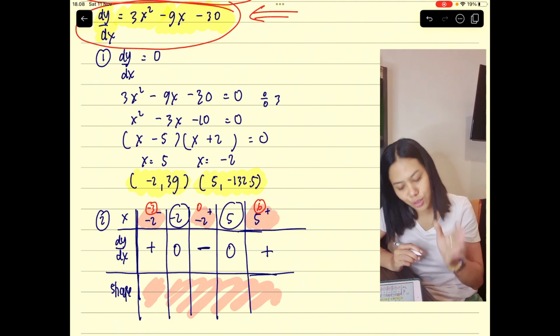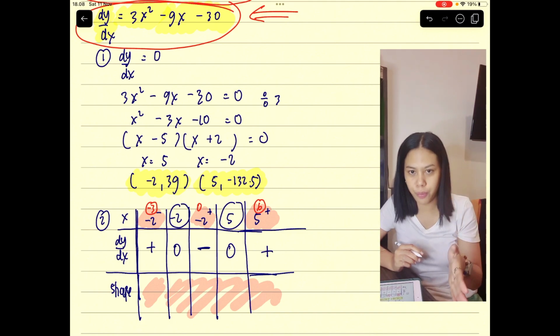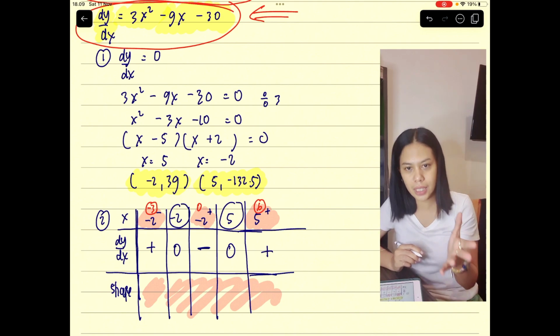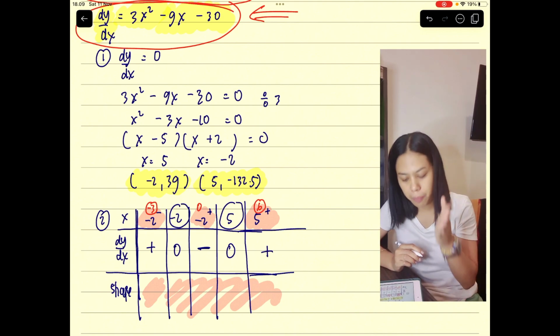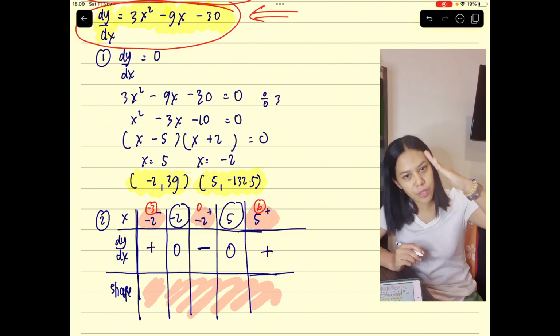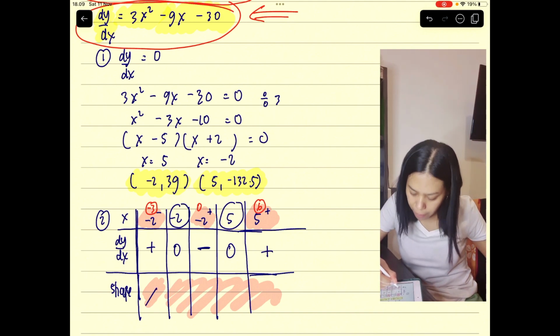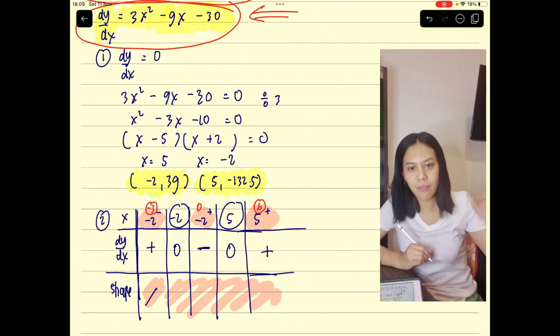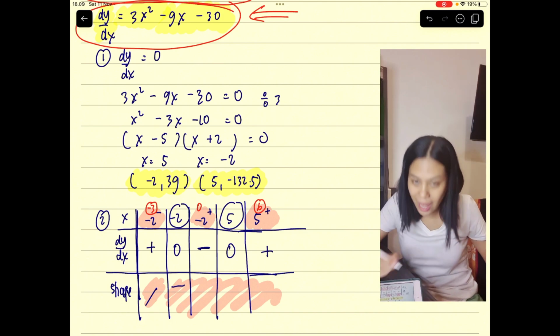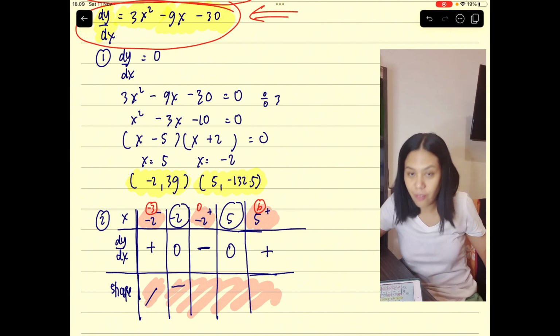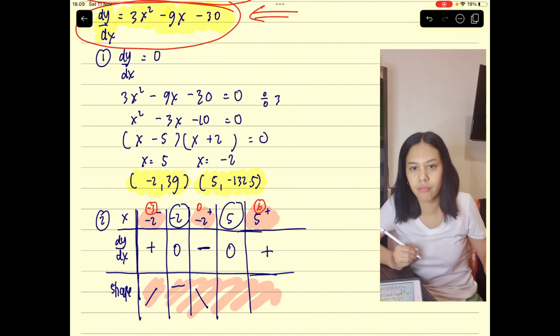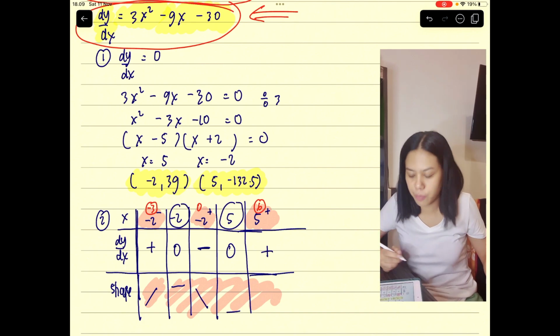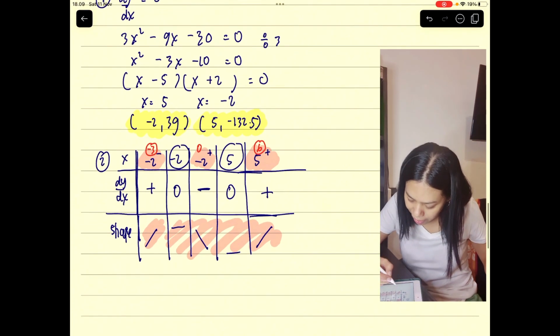Guys, you should know, if the slope, or the dy over dx, or the first derivative, is positive, then the graph is going up. If it's 0, it's just flat because there's no change. If it's negative, it goes down. If it's 0, it goes flat. If it's positive, it goes up. So our graph later will look like this.